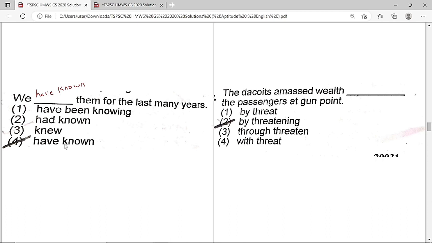So we have known them for the last many years. Basically, we have known them for the last many years.